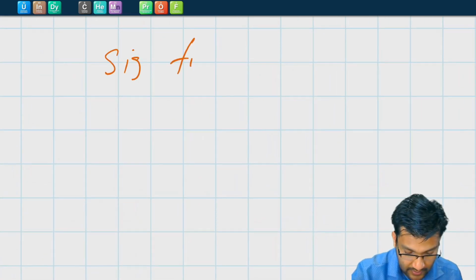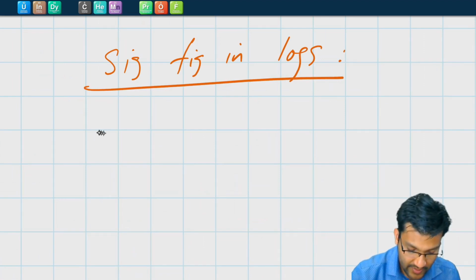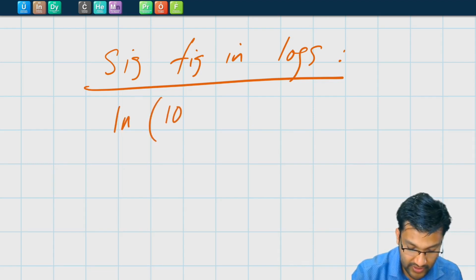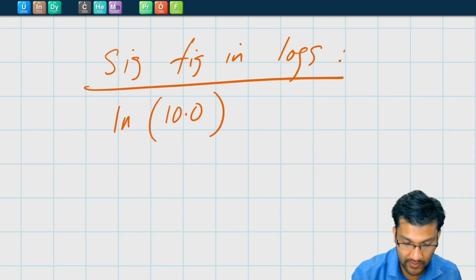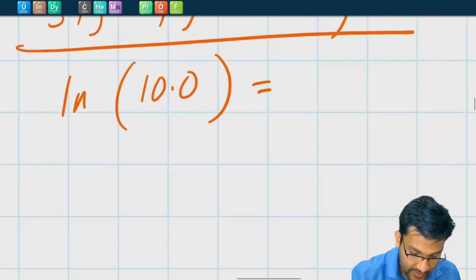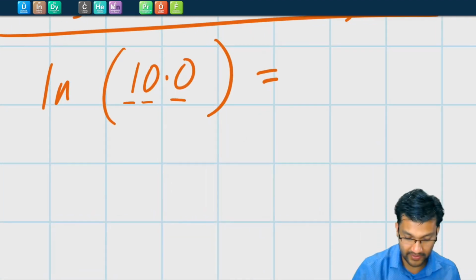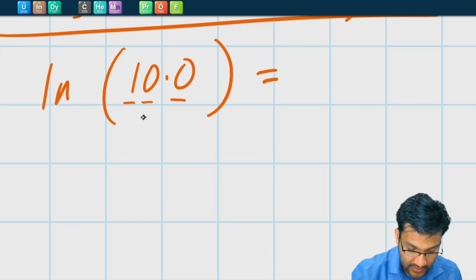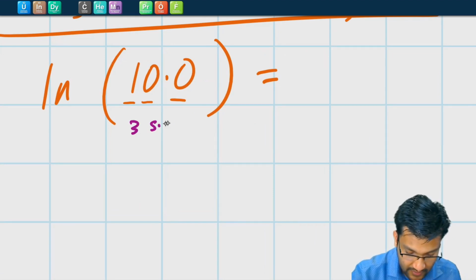Sig figs in logs. Okay, so we had the natural log of 10.0, right? That's the 3 sig figs when we're done with it. So we have 1, 2, 3 sig figs.